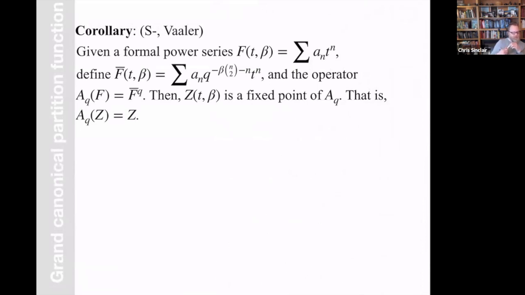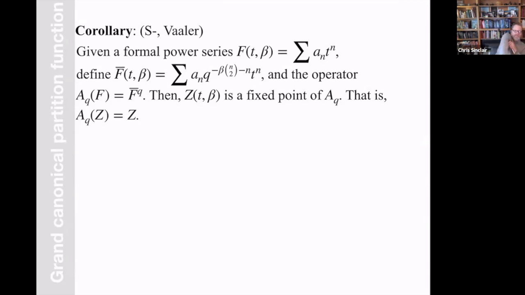And all I'm going to do here is I'm going to say if I'm given a formal power series f, okay, so it just has these coefficients a_n, then I'm going to define this f bar to be, well, almost the same coefficients. I'm going to take the a_n's, but I'm going to multiply by that q to the minus beta n choose 2 minus n.